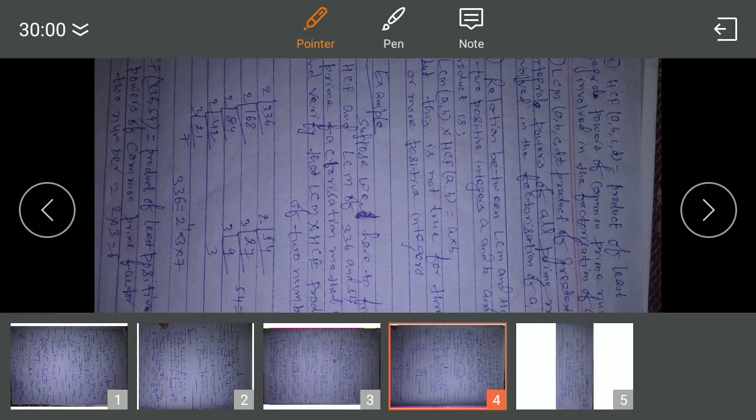Now the HCF of 336 and 54 is equal to the product of the least positive integral powers of common prime factors in the two numbers, that is 2 × 3 = 6.